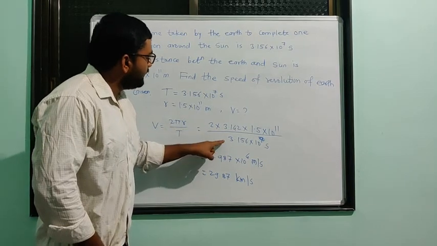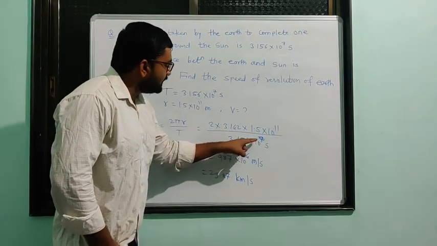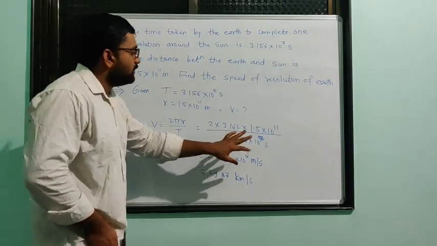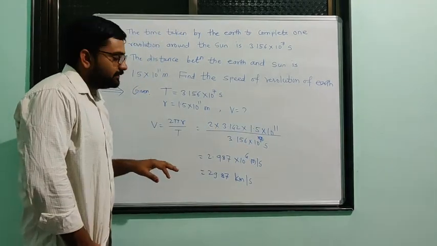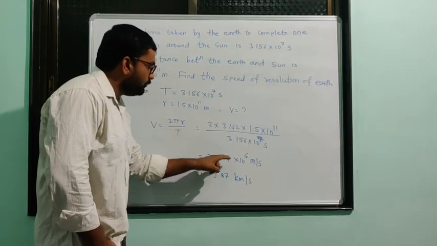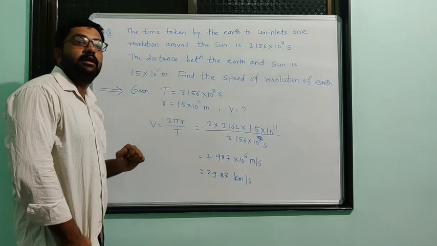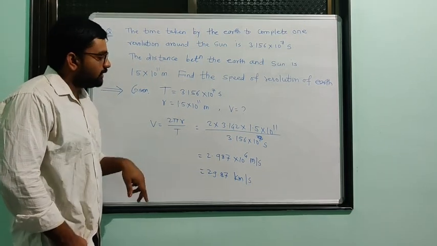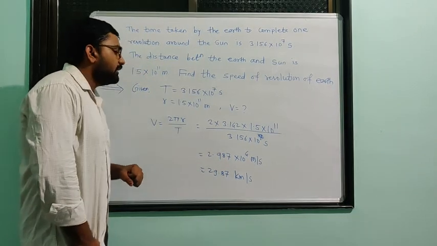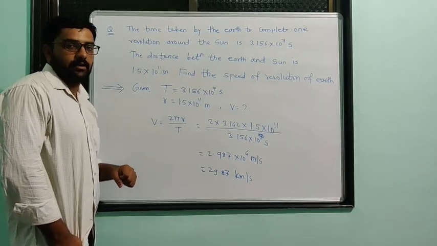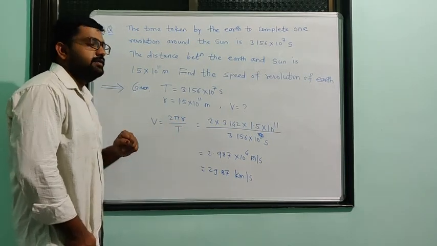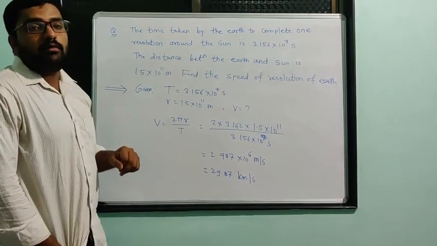So the value of T is 3.156 into 10 raised to 7 seconds. After all the mathematical calculation, we get 2.987 into 10 raised to 4 meter per second, which is equal to 29.87 kilometer per second.